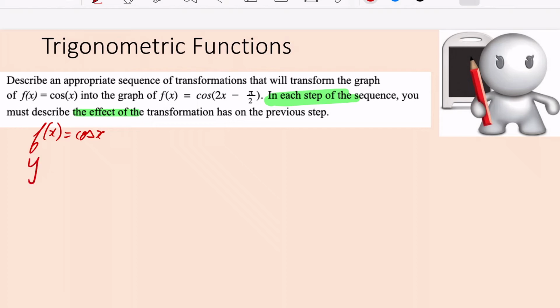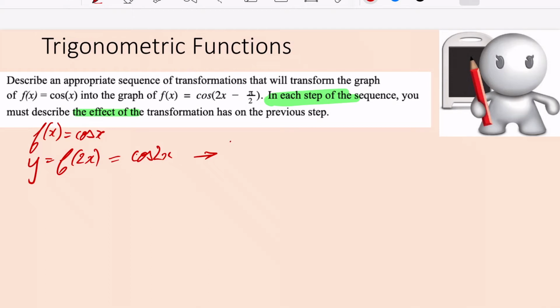So now for my first transformation, well, I'm going to substitute 2x over here. And what will I get? I'm going to get cos of 2x. Okay? So what's the effect? Because in each step, you must describe the effect. So here the effect is, well, I'm substituting 2x for x.